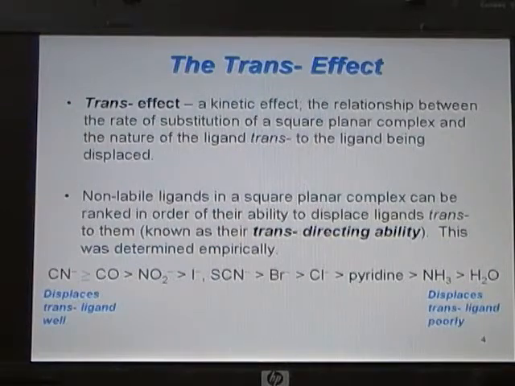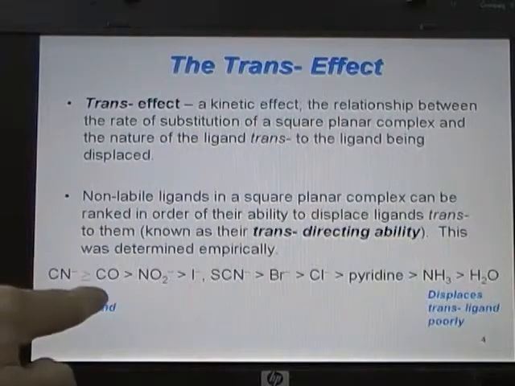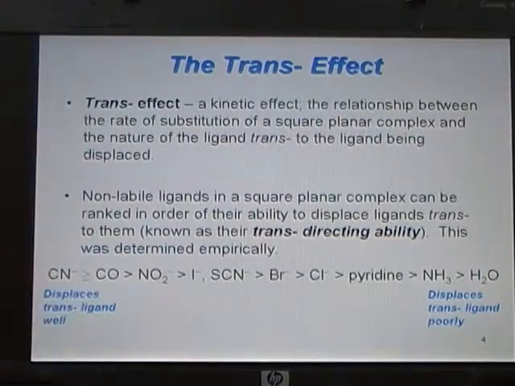And in the middle you have that area of gray where the ligands could displace poorly or not so poorly. The closer to the CO and CN- end that the ligand is, the better it will displace the trans ligands.